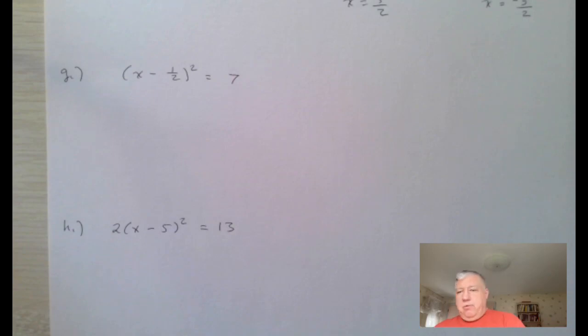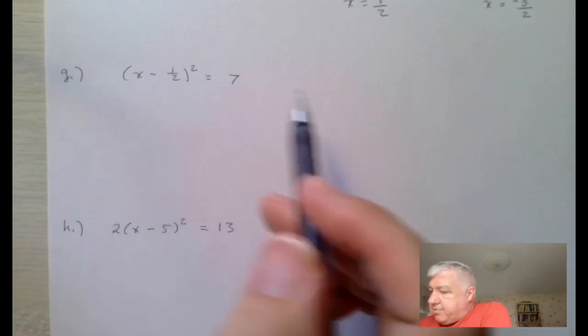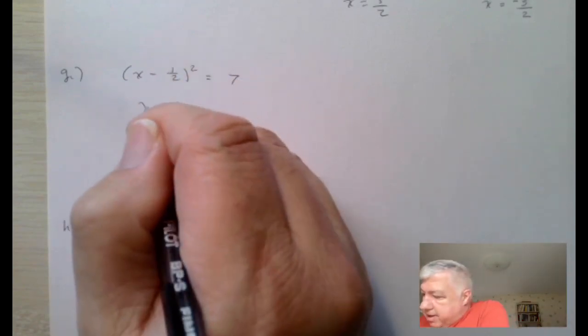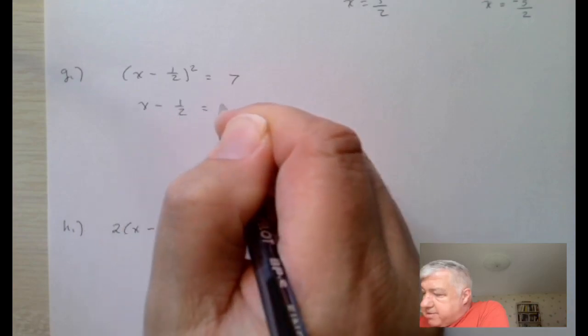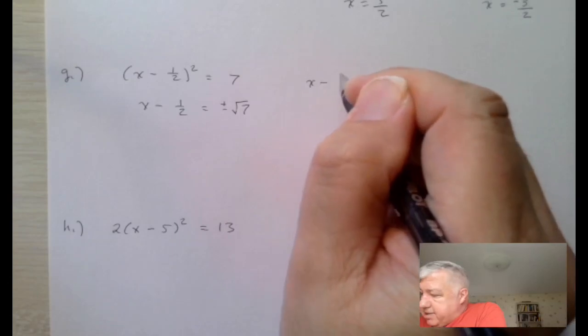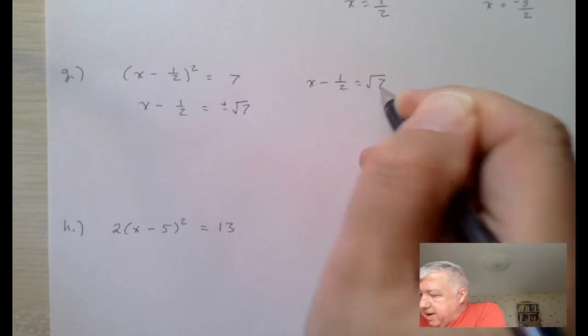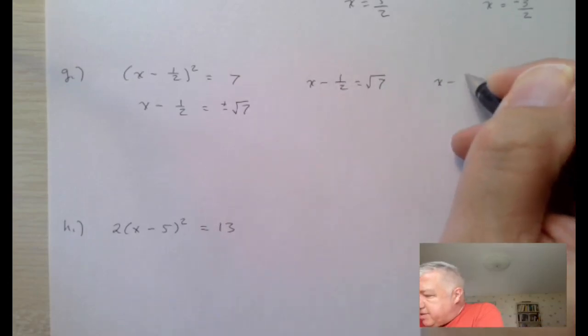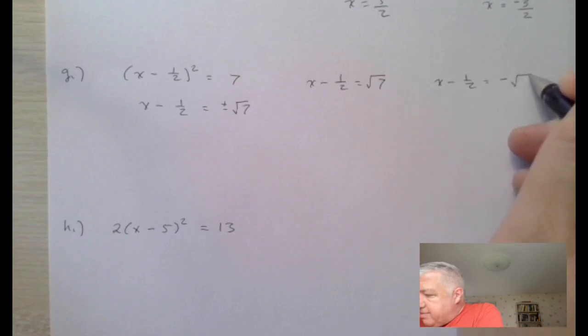Okay, so what happens here, we take the square root of both sides, and we get x minus 1/2 is plus or minus the square root of 7. So either x minus 1/2 is the positive square root of 7, or x minus 1/2 is negative square root of 7.